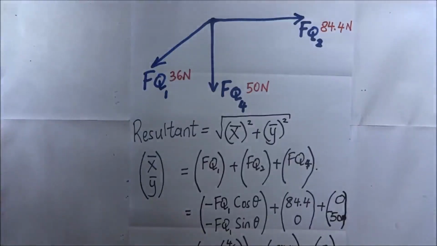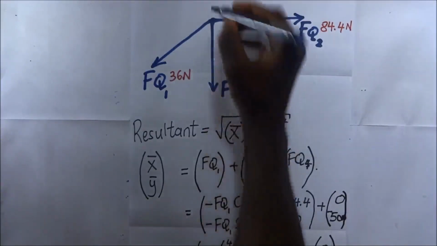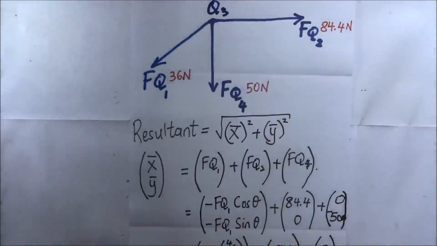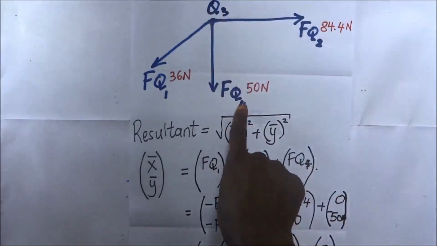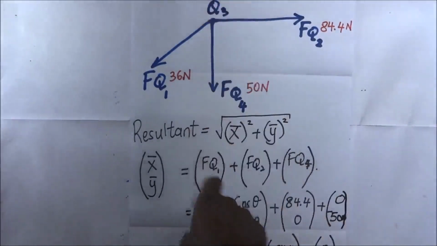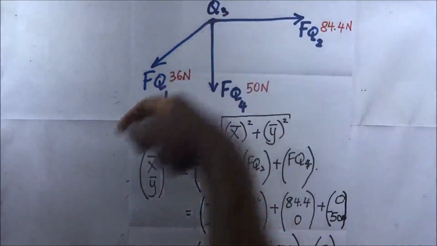So after the analysis, this is what we have. This is our point charge, Q3. It's here. And it is subject to the forces Q2, which is 84.4 newtons in that direction, Q4 50 newtons pulling it in this direction, and 36 newtons pulling it in that direction.